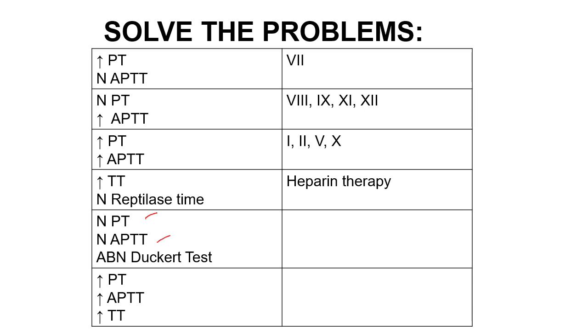Normal APTT. Abnormal lang in Duchert's test. Sa Duchert's test, the only clotting factor affected is your clotting factor 13.